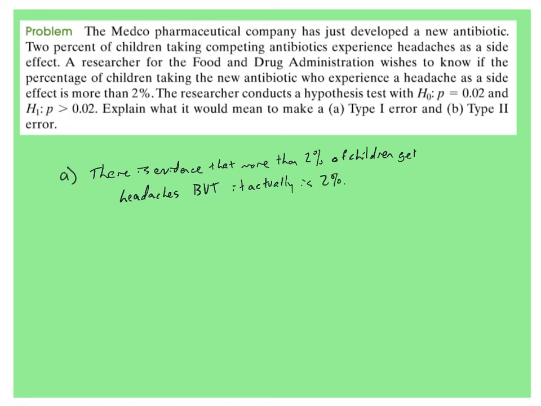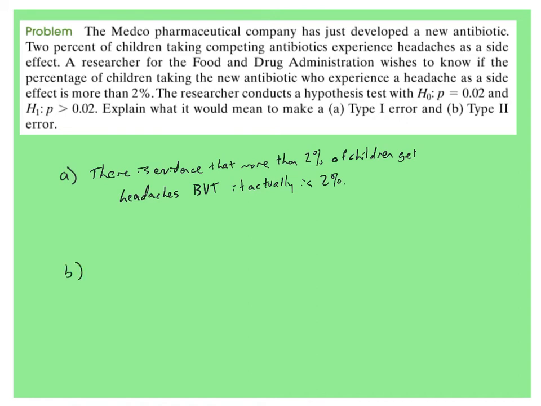Okay, that's the error. The sample data says it's more, but it actually is 2%. What would that mean about this new drug? Maybe it doesn't get approved because of this study, but it actually should have been approved. That's why that's called an error, and that's why sometimes studies are duplicated to see if the results are consistent.